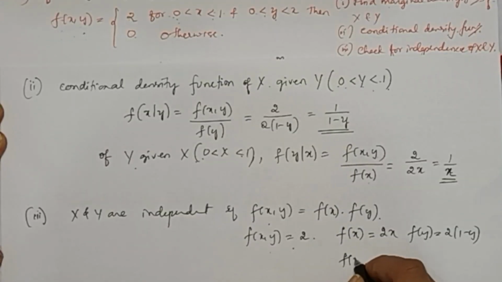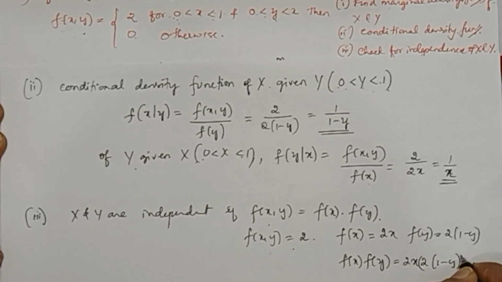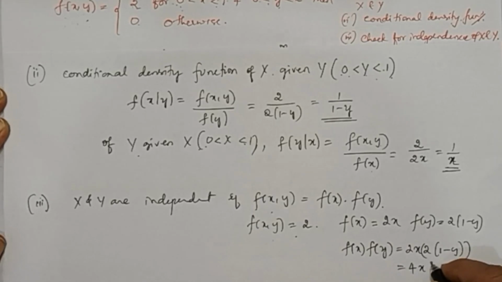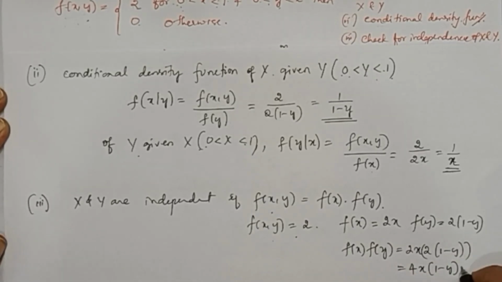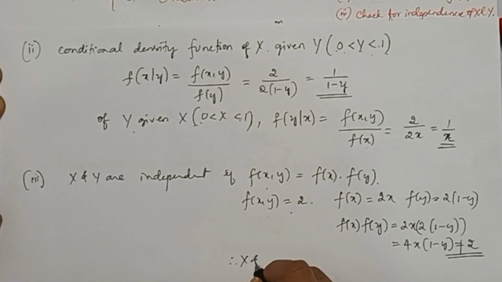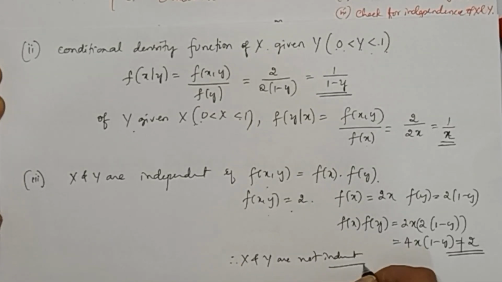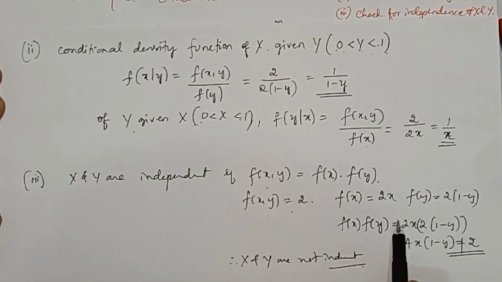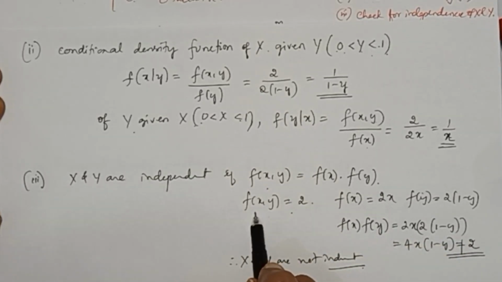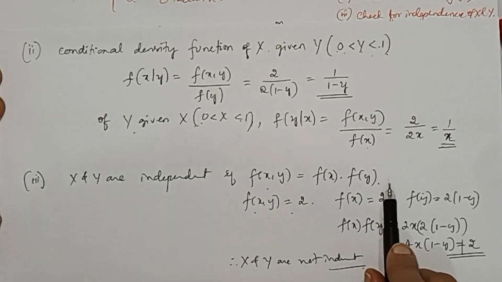If you take the product of these two, 2x into 2 into 1 minus y, which equals 4 into x into 1 minus y, this is clearly not equal to 2. Therefore, x and y are not independent random variables, because the product of these two is not equal to f of x comma y. Hence, these two variables are not independent.